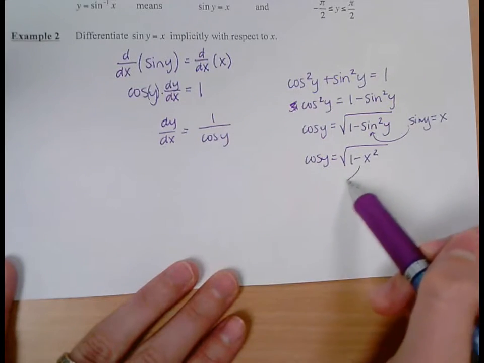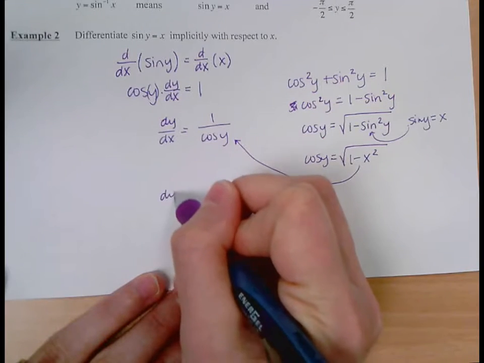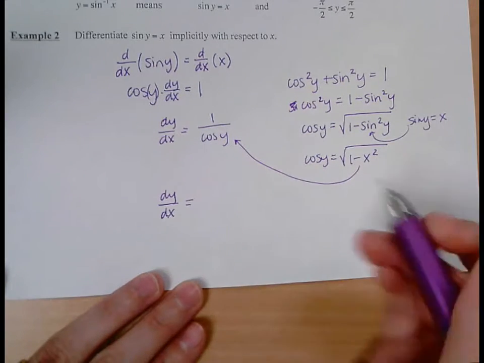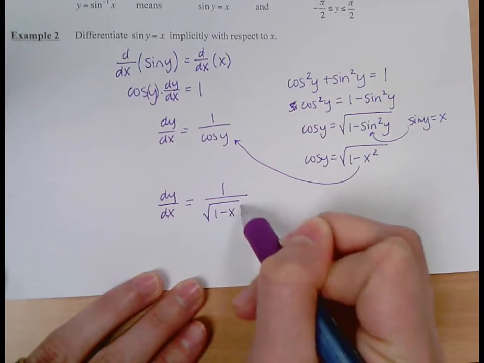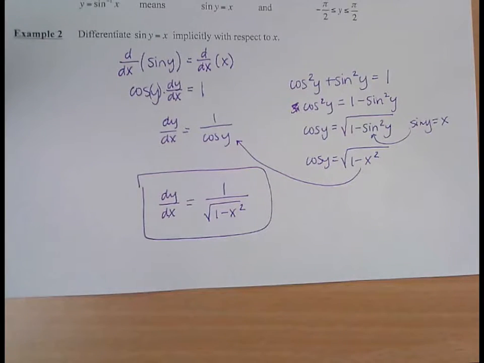That I can then substitute in. So dy dx, the derivative of inverse sine, is 1 over the square root of 1 minus x squared. Yes, that is the final derivative.